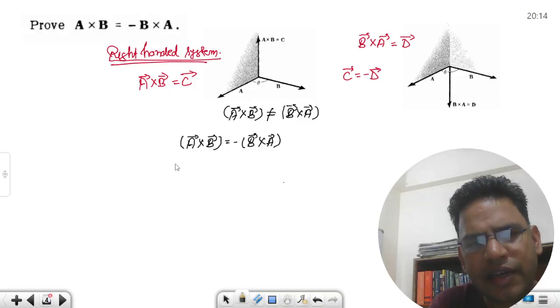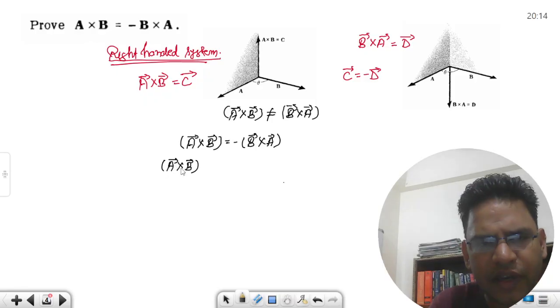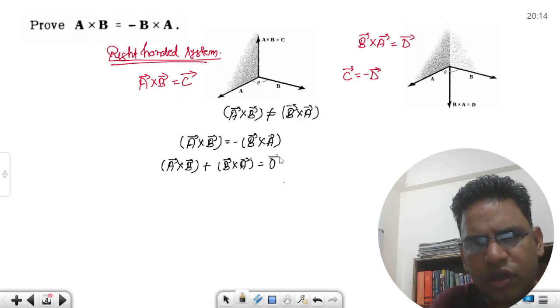And from here I can write A cross B vector plus B cross A vector is going to give you 0 vector.